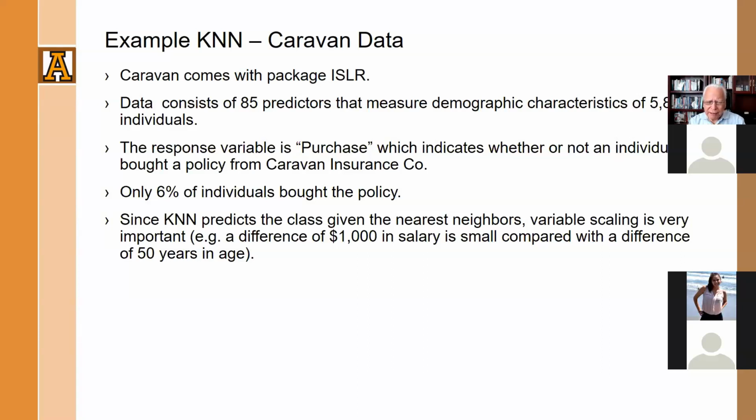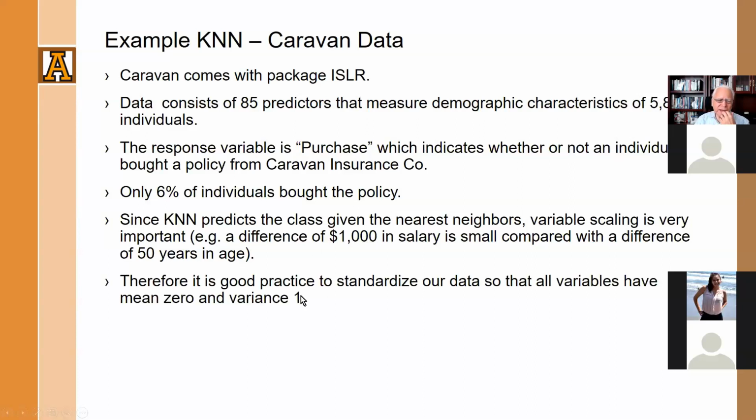An example here: a difference of $1,000 in salary is small compared with a difference of 50 years in age, and yet 1,000 is much larger than 50. So it's good practice to standardize data so that all variables have mean 0 and variance 1.